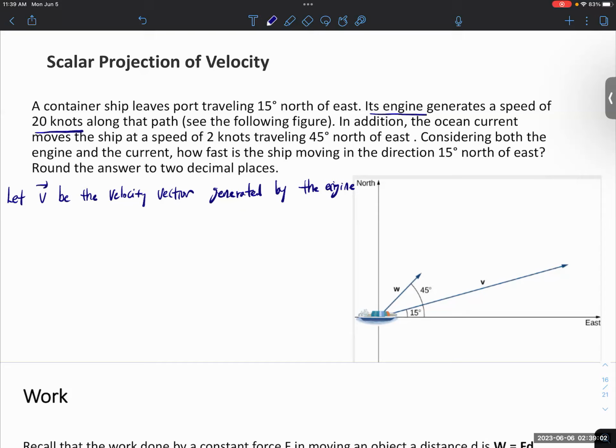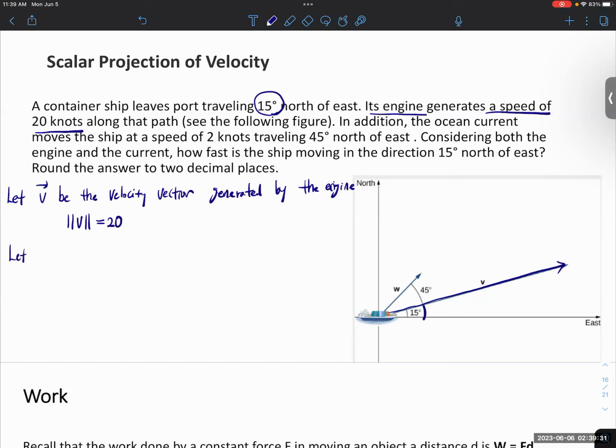They're talking about the magnitude. The speed is the magnitude of V, which is 20, and it makes 15 degrees north of east. So in the image, this is the V vector, with the 15 degrees, and the magnitude is 20. I call this the V vector, generated by the engine.